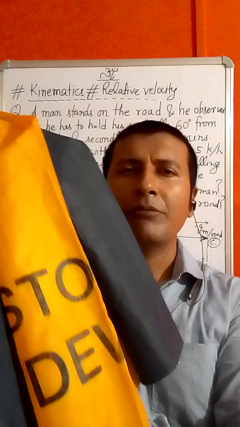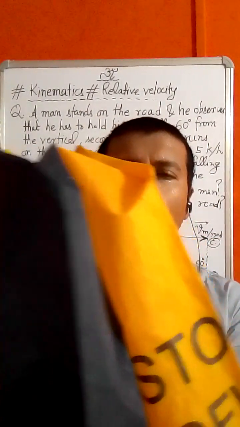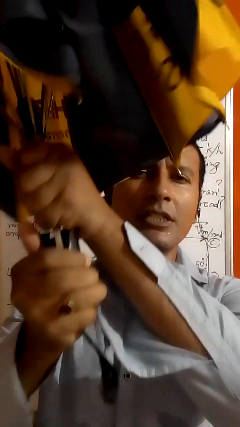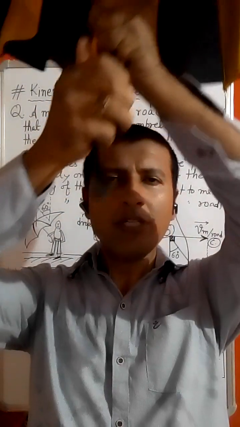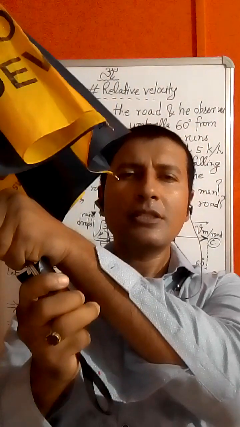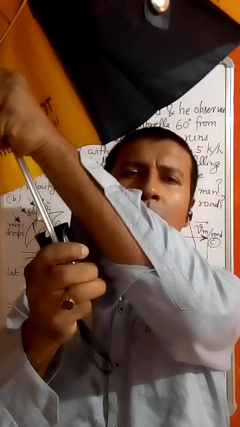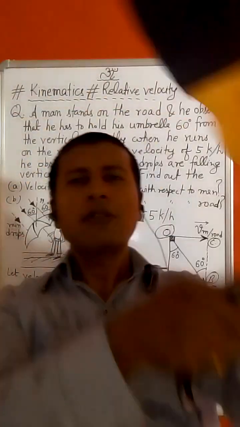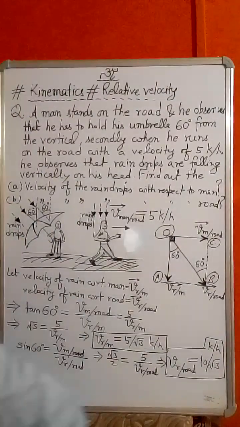This is an umbrella, and the person finds that if he holds the umbrella at an angle of 60 degrees from the vertical, this is vertical, and he makes an angle of 60 degrees like this, he is able to get away from the rain. This is the problem.